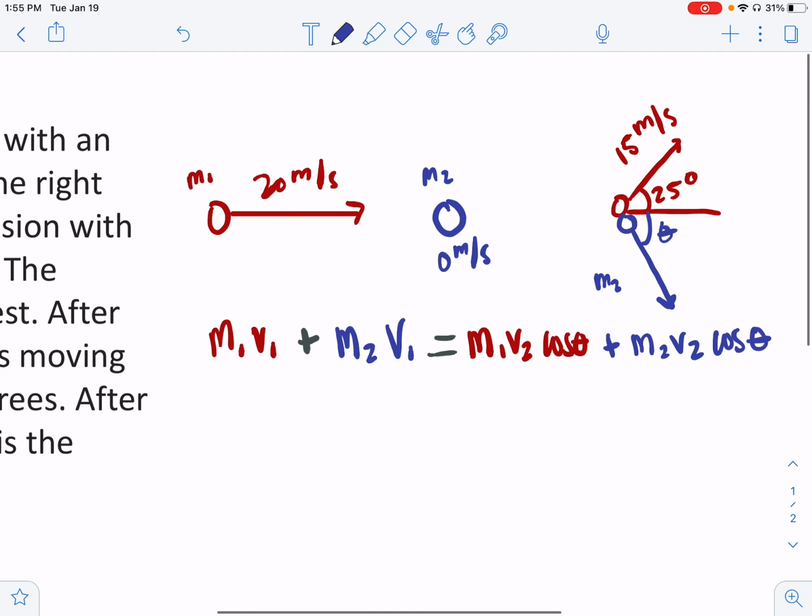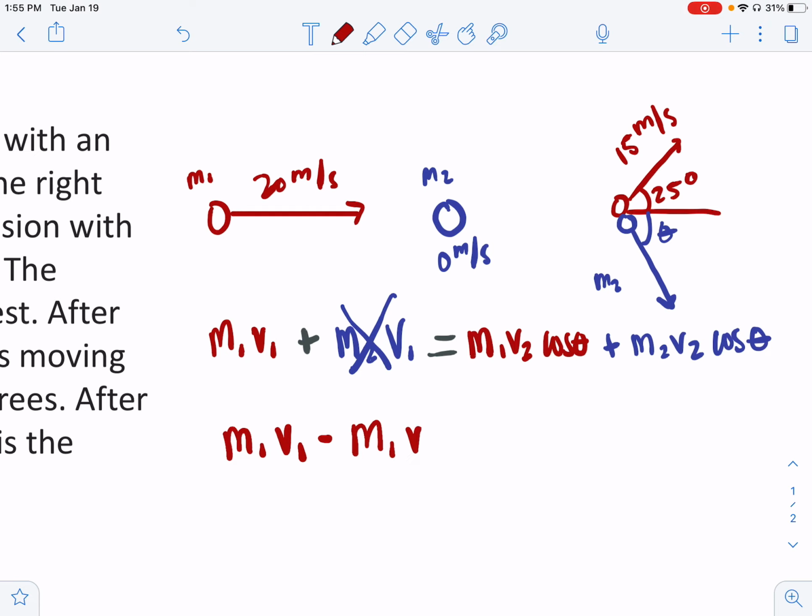We know that originally this guy isn't moving, so we can cancel that one out. We can move some things around, and what we end up getting is m1 v1 minus m1 v2 cosine of theta is equal to m2 v2 cosine theta.